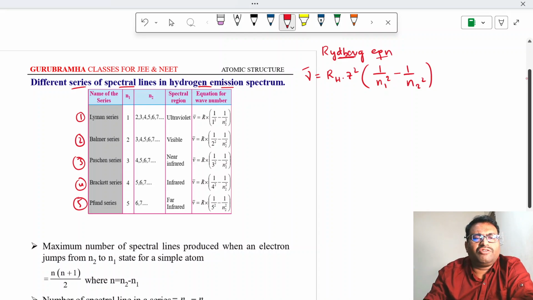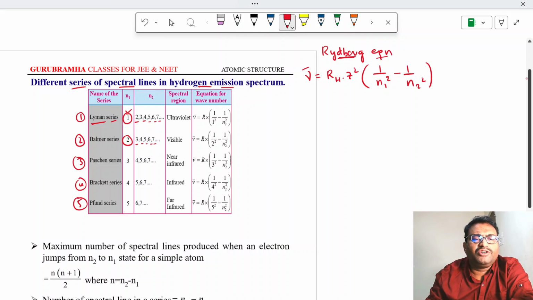n1 is equal to 1 always for the Lyman series. n2 can be 2, 3, 4, 5, 6, 7, whatever it is, up to infinity. In the Balmer series, n1 is always equal to 2 and n2 will be 3, 4, 5, 6, 7 because it is de-exciting from a higher energy state.